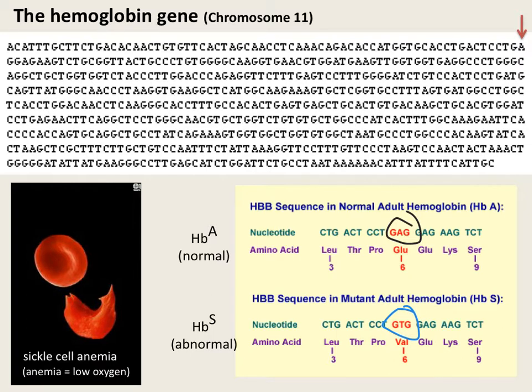Individuals who are HbA are susceptible to malaria. So in an area where malaria is endemic, if they get bit by a mosquito and they get malaria, they're going to get really sick and they might even die. Okay. If you have an individual who's homozygous for HbS, the abnormal, they're going to have sickle cell anemia, and they're going to have blood cells that look like this.